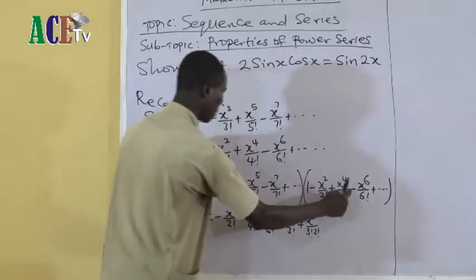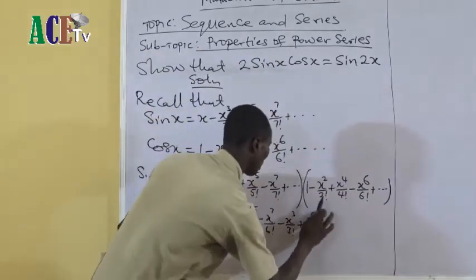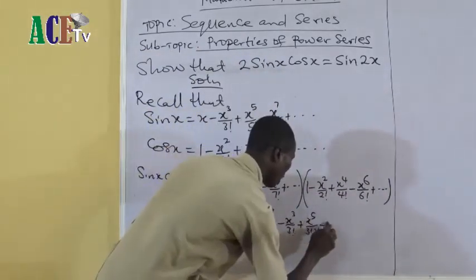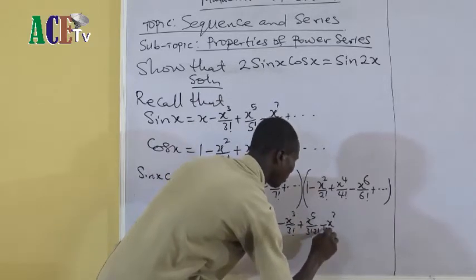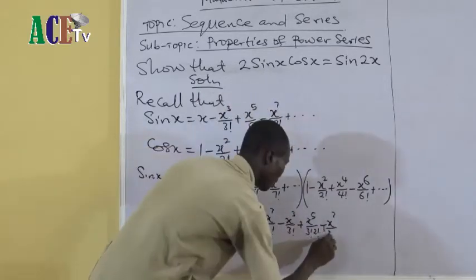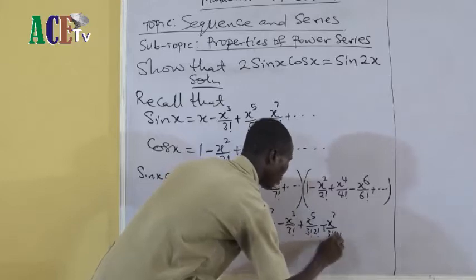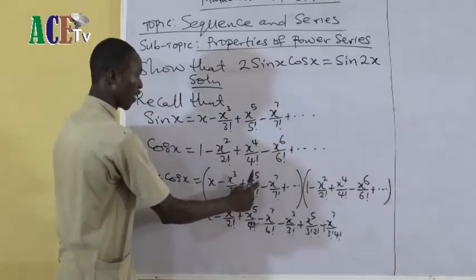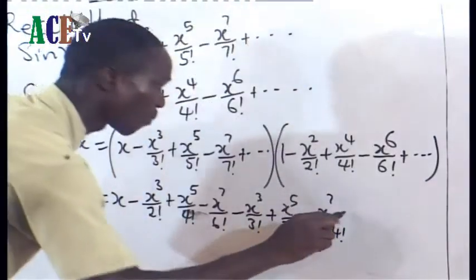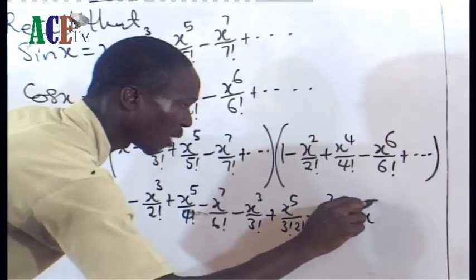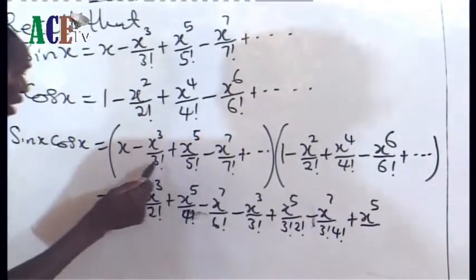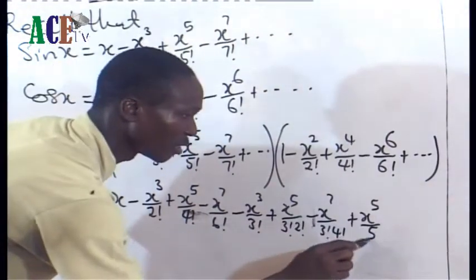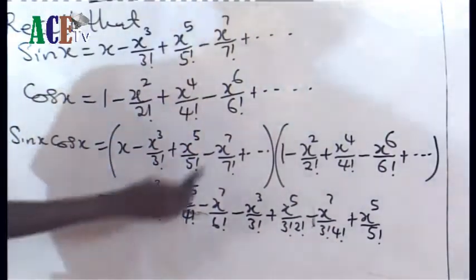By the time I multiply this by this, I will get minus x to the power 7 over 3 factorial, 4 factorial. If I pick this and this, I'll get plus x to the power 5 over 5 factorial.